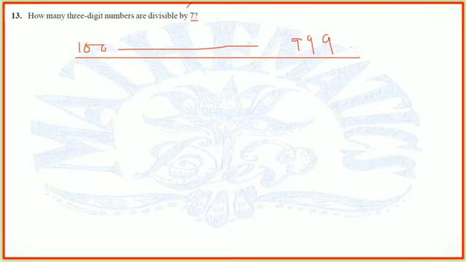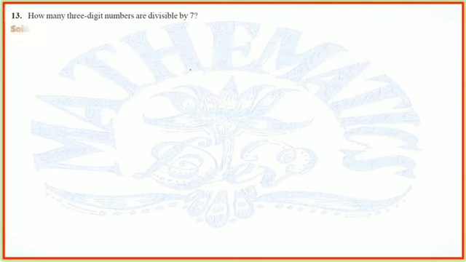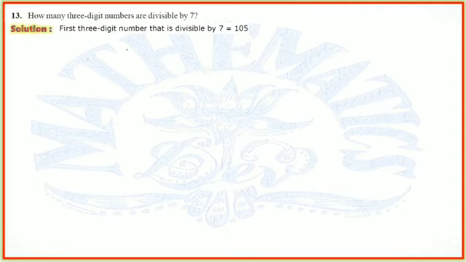But our condition is that those 3-digit numbers must be divisible by 7. So we will start with the first number as 105, because 105 is divisible by 7.